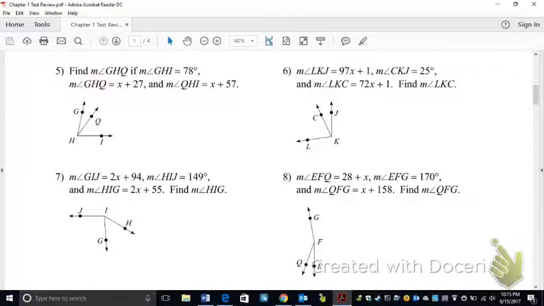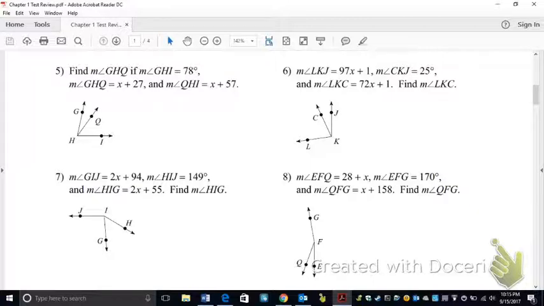So, numbers 5 and 7 are both angle addition postulate problems. These are the ones we did where yellow and blue equals green. I know that was really helpful for some of you and not so much for others. So I'm going to do 5 as yellow and blue make green, and 7 as just a regular problem.